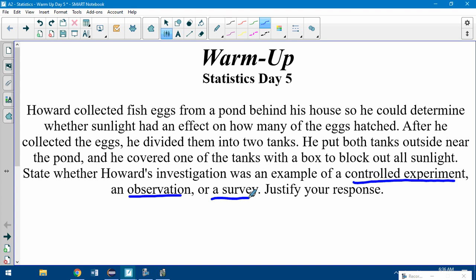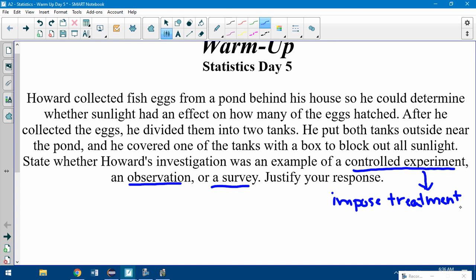Okay. Now the big thing we talked about yesterday was controlled experiment. An experiment has to impose, not oppose, it has to impose a treatment. The control part of that means you split into two groups, and that's how most experiments are usually run.